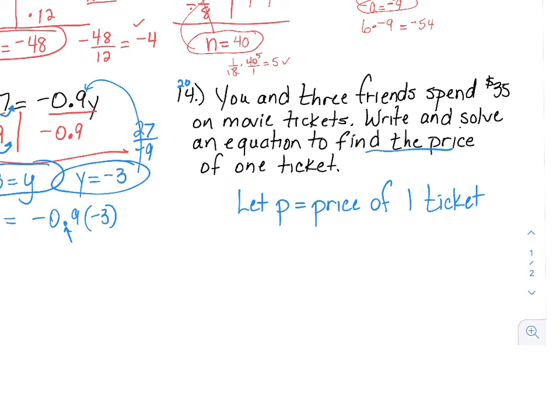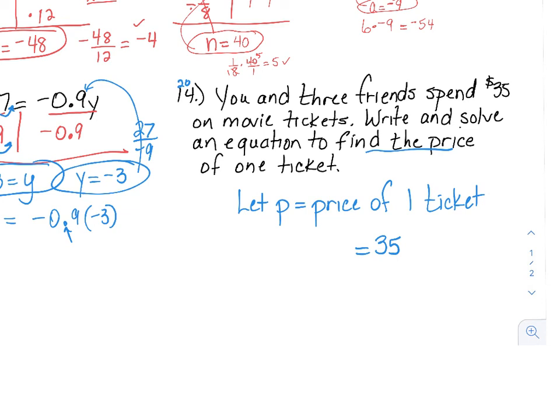So what's the total of your movie tickets? How much did it cost you guys? Matthew? Yep. Kai, how many people went to the movies? 4 people. So we are going to write 4.